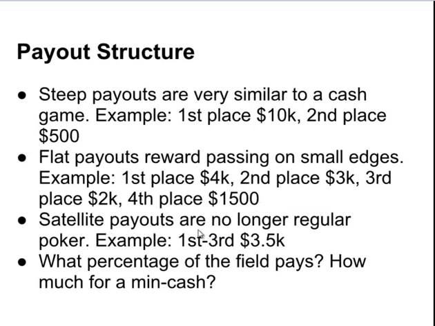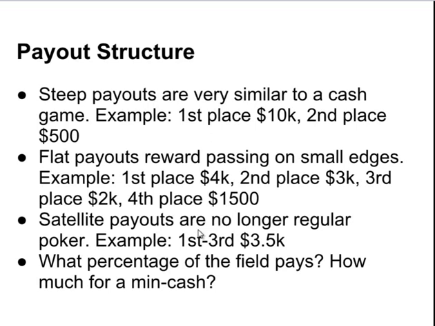Now the other parts of the payout structure, which I didn't list in as much detail, of course, are how much of the field pays, and especially important, I mean, of course, all the payouts matter, but especially important is how much a tournament pays for the minimum cash. The percentage of the field that a tournament pays has gone up significantly in the last couple of years for online tournaments.